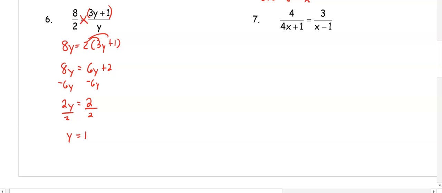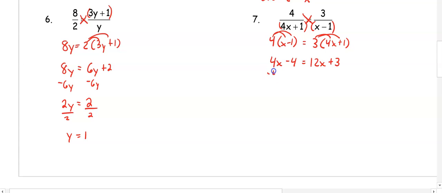In number 7, to cross multiply, we would have 4 times x minus 1 equals 3 times 4x plus 1. So remember, we have parentheses in both of them, so this is a double distributing problem. So on the left-hand side, when we distribute, we get 4x minus 4 equals, on the right-hand side, 12x plus 3. So we can subtract 4x from both sides.